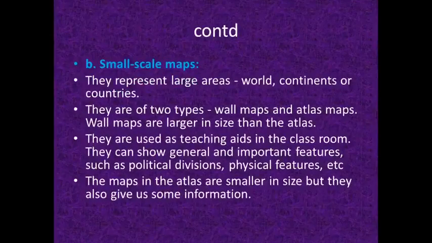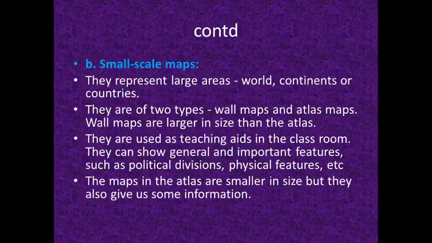Let me continue with B, small scale maps. These represent large areas, the world, continents or countries. They are of two types, world maps and atlas maps. World maps are larger in size than the atlas. Your atlases which you carry to the school come under small scale maps.